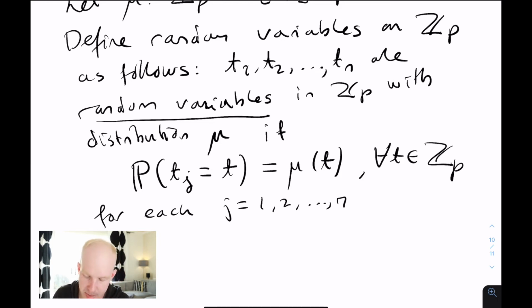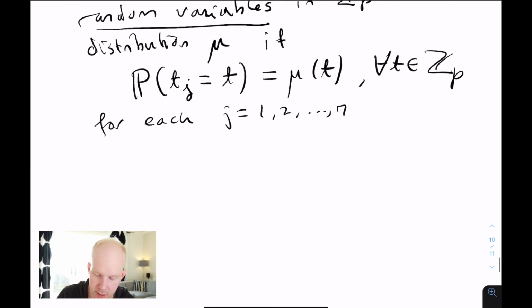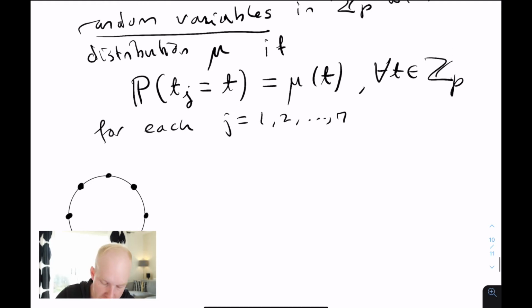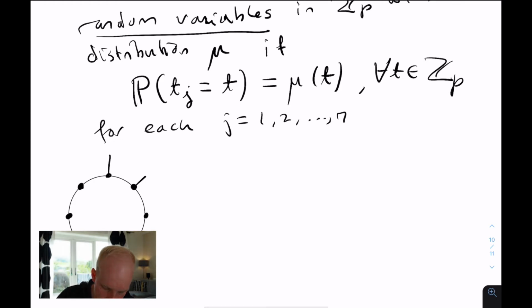And what happens basically if you draw the picture over here, and you say you have your group, let's say a group of 8 elements this time, then we have your probability measure. I don't know, mu could be like somewhere here, maybe it doesn't have some mass on some points, and then there's more mass in some other ones.